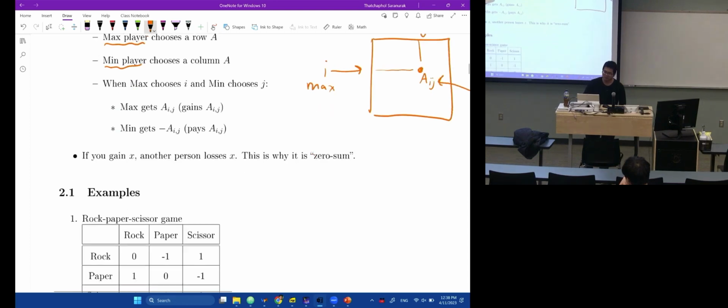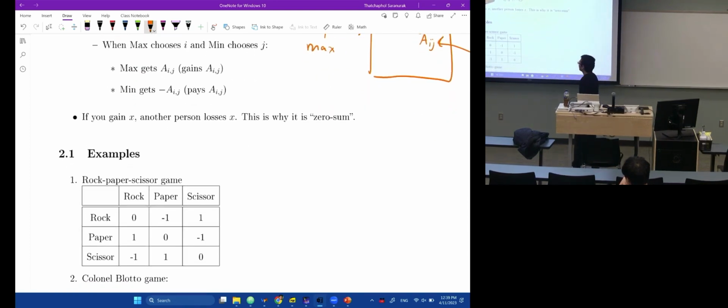So for example, when you have rock, paper, scissors, you have this game where, okay, if this guy chooses paper, this guy chooses scissors, then you get -1 because this guy, the max player, loses to the min player. Okay.